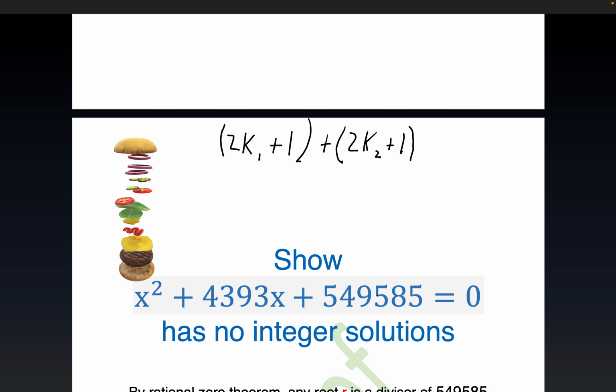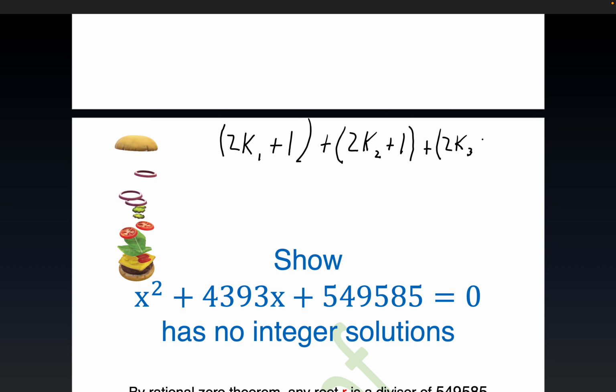So any divisor of 549,585 is necessarily odd because if there was an even divisor, the number would be even, which it's not, of course, manifestly.